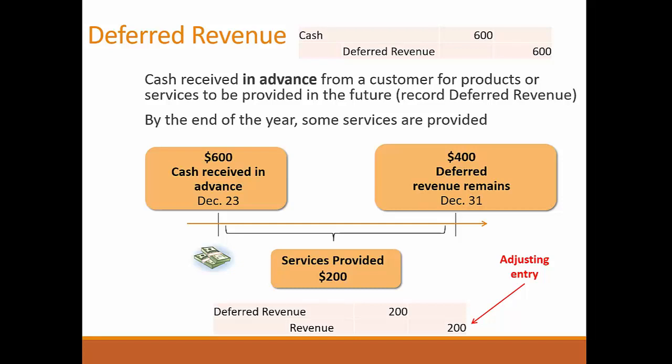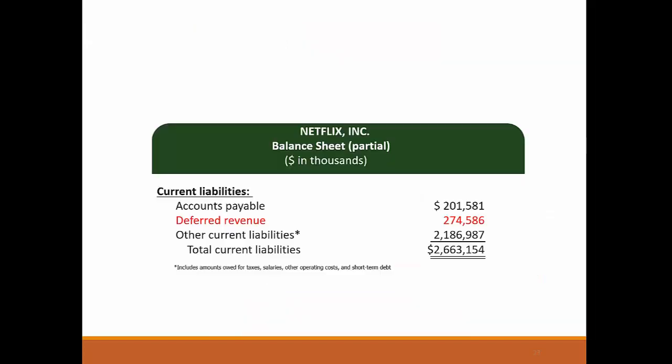Remember, I put $600 in, so now what I'm saying is, hey, I have $600 of unearned revenue in the beginning, but then when I make the revenue, I'm going to take it out of that deferred unearned revenue account and go ahead and earn that revenue. So this is called an adjusting entry. Okay, so that would be kind of what this would look like. So it is a liability, so it gets listed with all the other liabilities on the balance sheet.